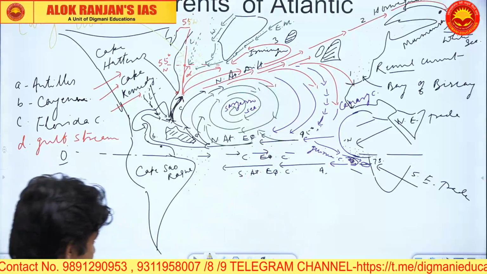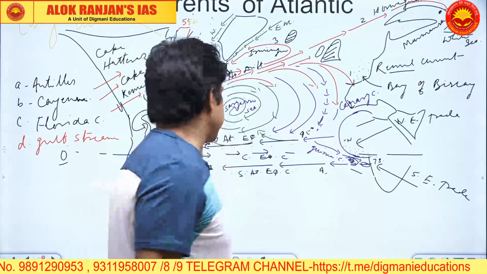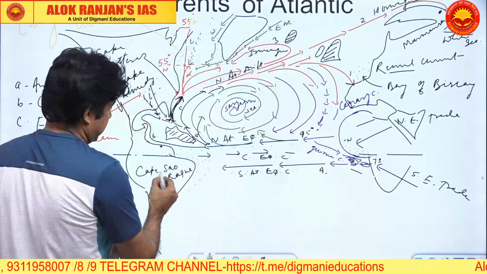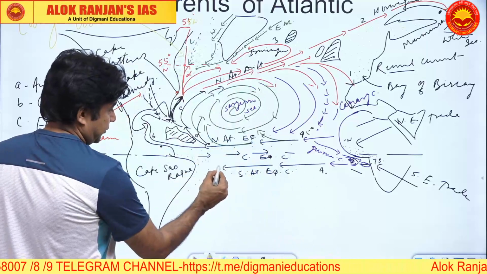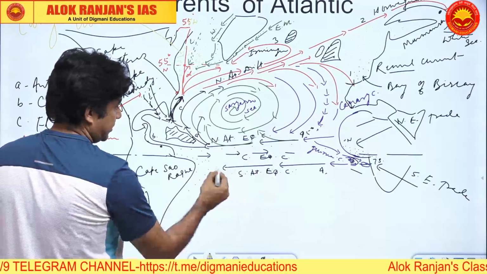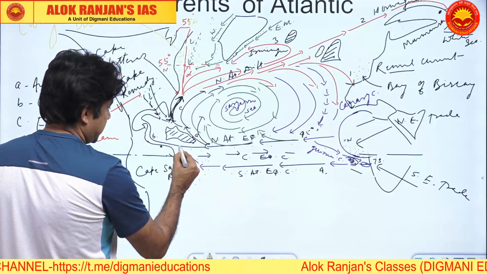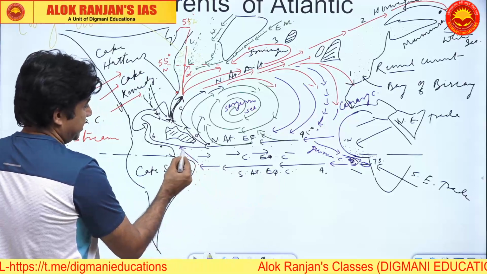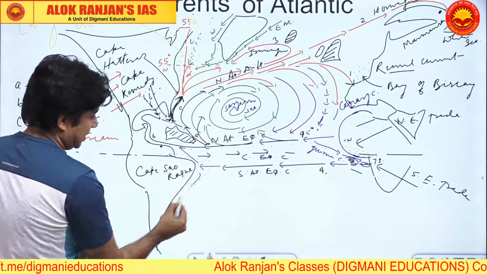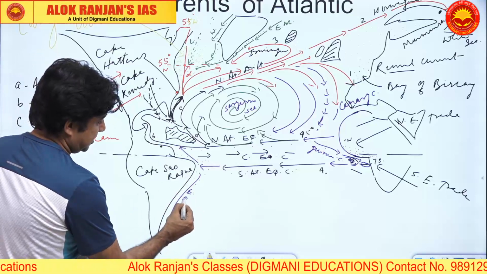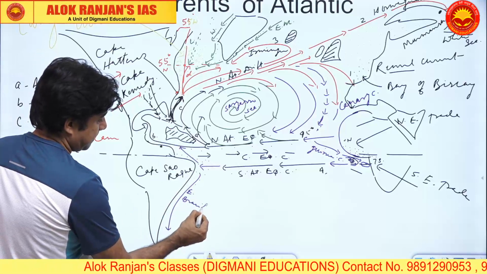Okay, now coming to the Southern Atlantic, and look, we have this Cape Sao Roque here. So this South Atlantic equatorial current will hit Cape Sao Roque, and one of the bifurcations will superimpose the Guiana current, and the other one which is reaching in this zone will be called the Eastern Brazilian current.